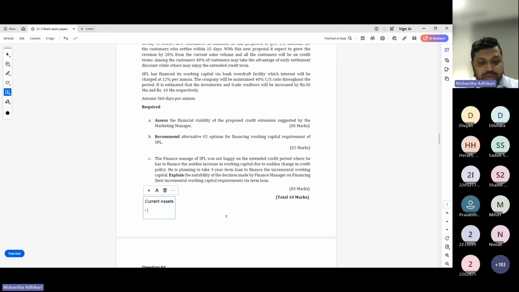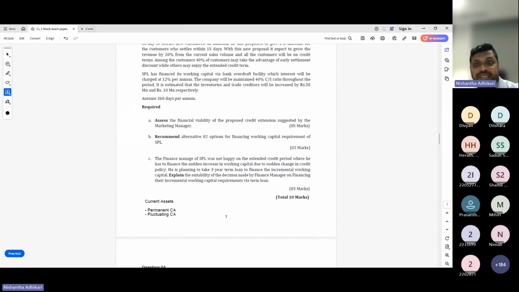First one is permanent current asset and fluctuating current asset. Therefore, permanent current assets are financed by long-term financing arrangement. Fluctuating current assets should be financed by short-term financing arrangement.